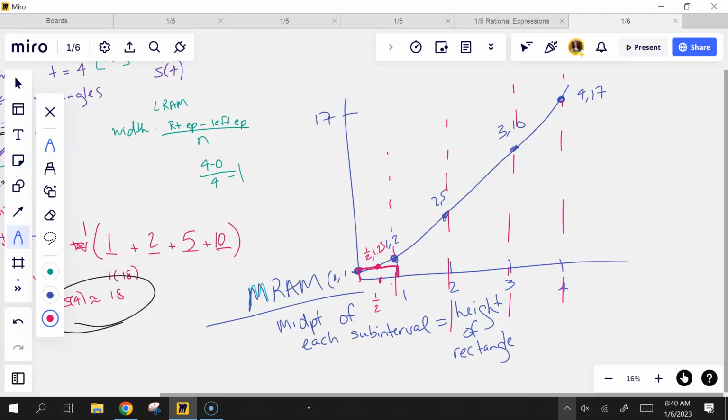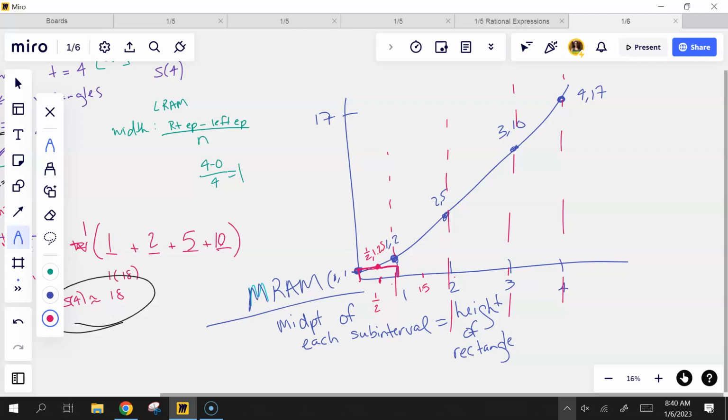Same thing for my next one. Between 1 and 2, is 1.5, right? Okay. So I found the midpoint, but I still want my subinterval to have a width of 1.